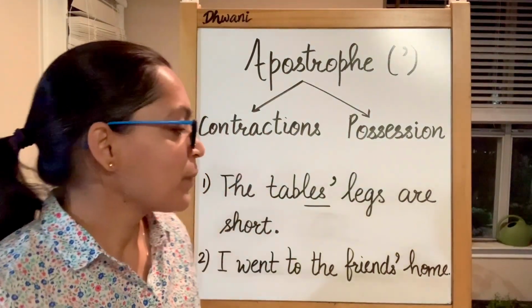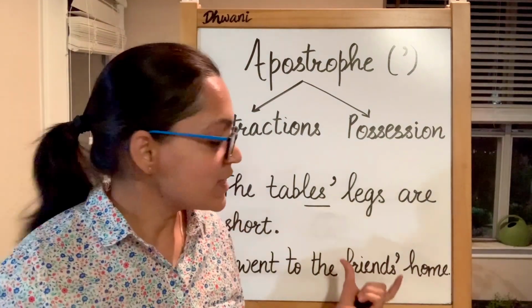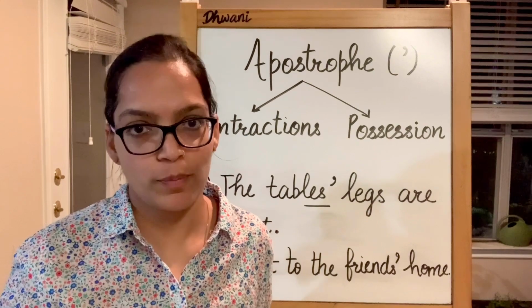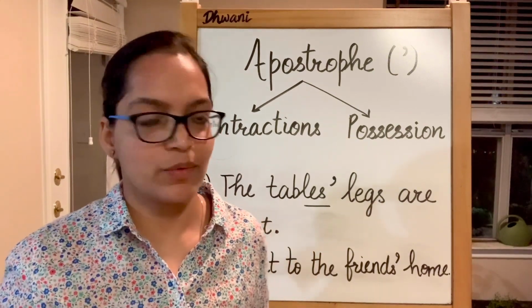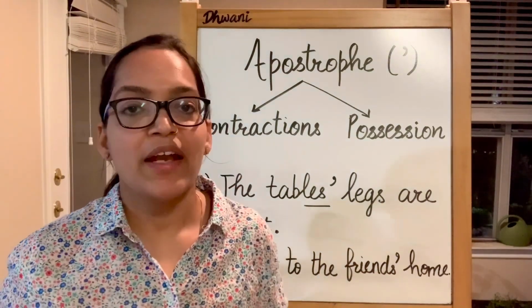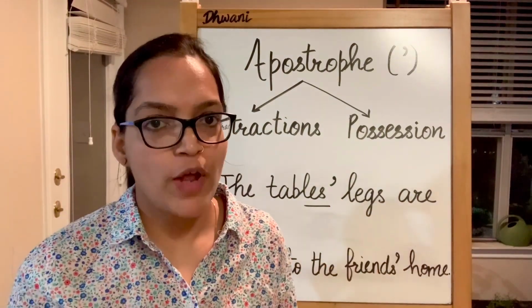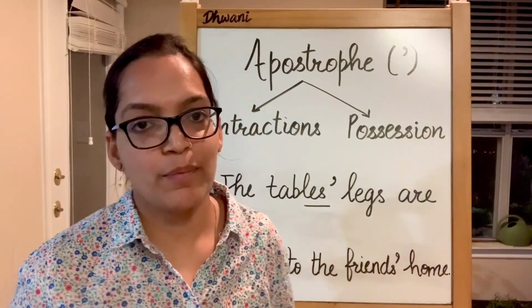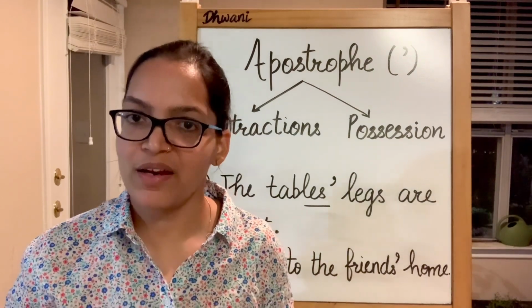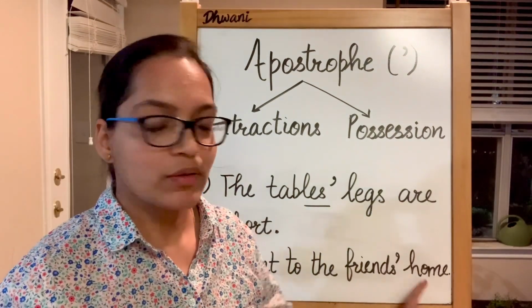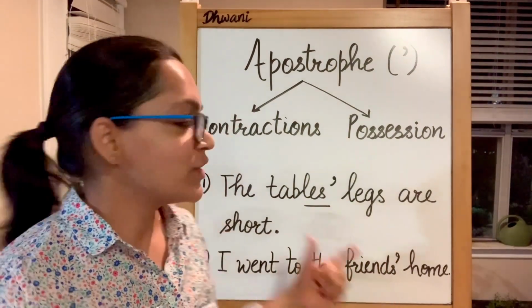Same thing. Now we again see this is a plural noun. Friend turns into friends in case of plural. Friend is a singular noun. This is a plural noun. And now when I want to refer that the home belongs to lots of friends, then I put an apostrophe after my noun, which it belongs to. Not in this one, only here. So this is the difference.